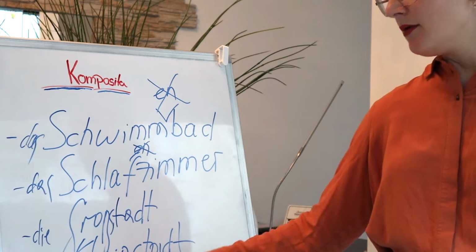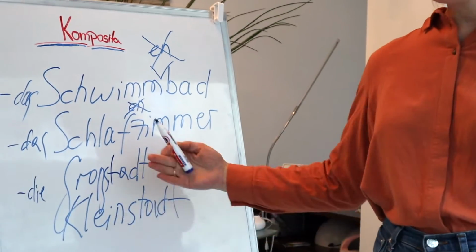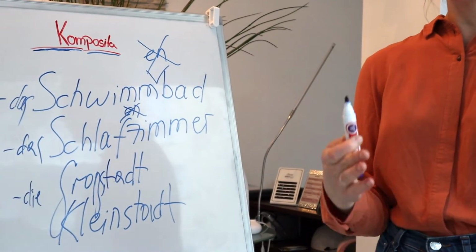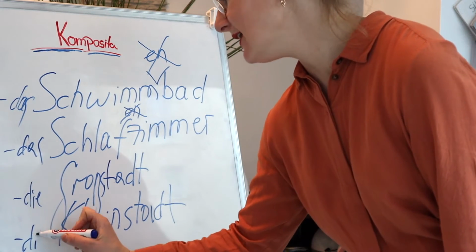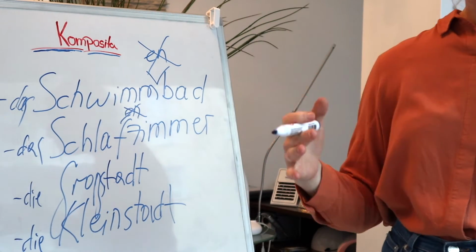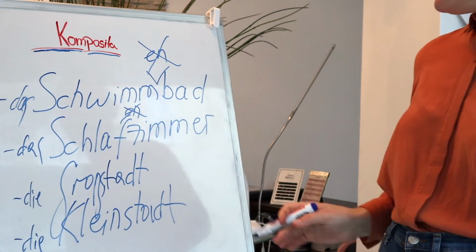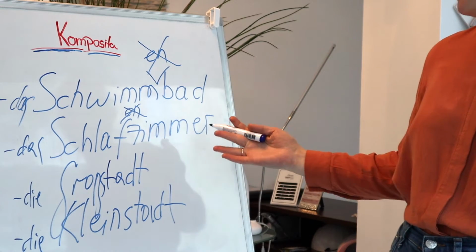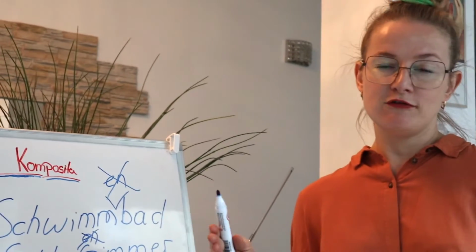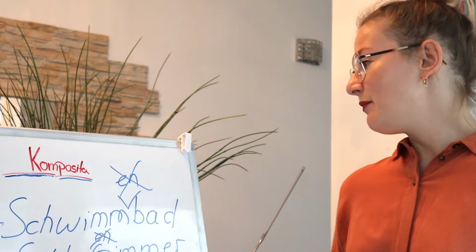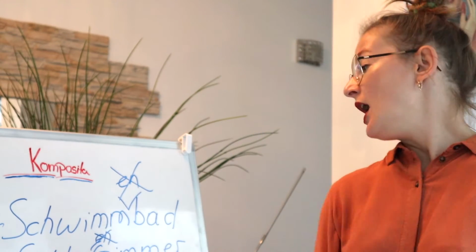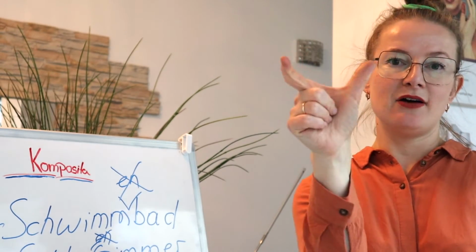And klein is an adjective again, putting them both together, and you've got two wonderful compounds. Again, die Kleinstadt, so a little town, right? And there you go, three ways to form German compounds: by putting two nouns together, by putting a verb and a noun together, or by putting an adjective and a noun together.